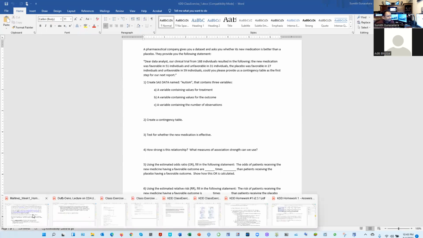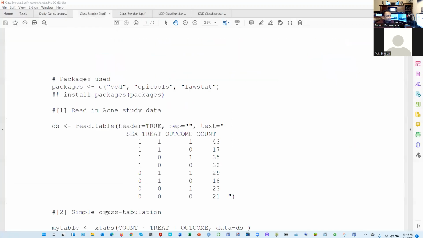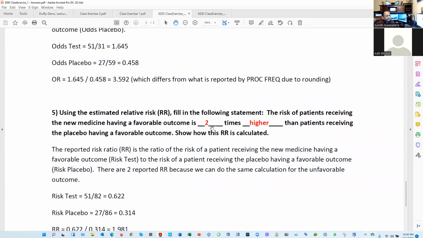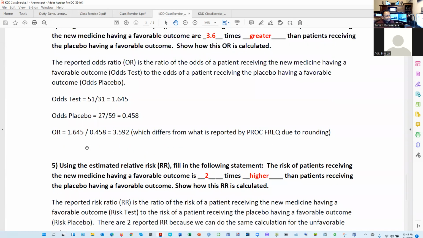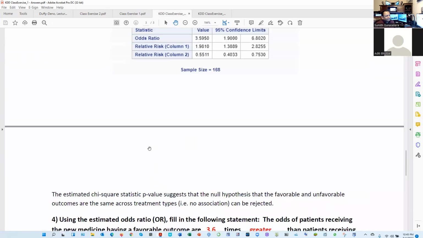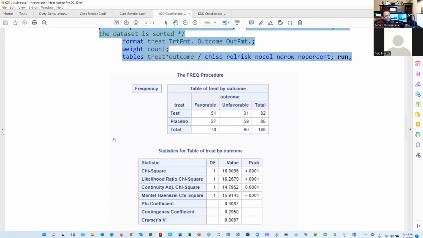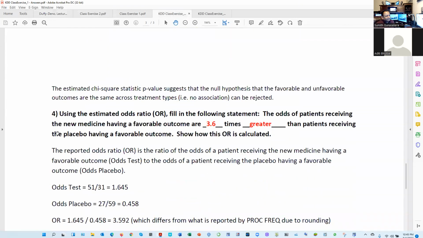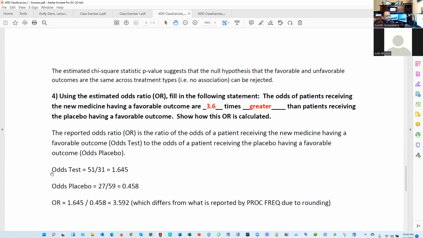Let's go here. What test? The odds for this group and the odds for the placebo, or R, have already been given.